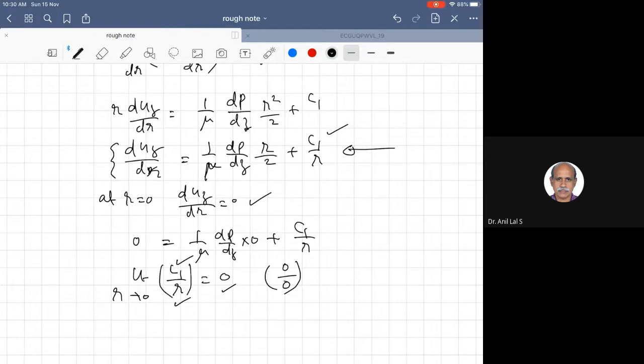So this is a ratio; the denominator is equal to 0, so the numerator also should be equal to 0, thereby it should have the form 0 by 0, and then the limiting value can be 0.